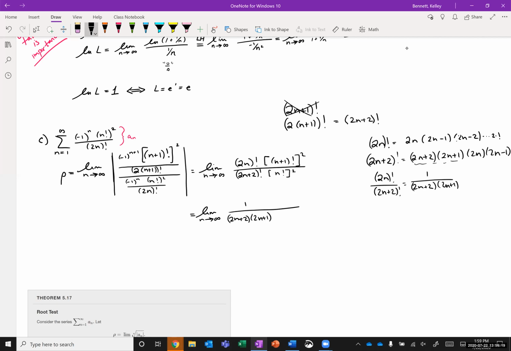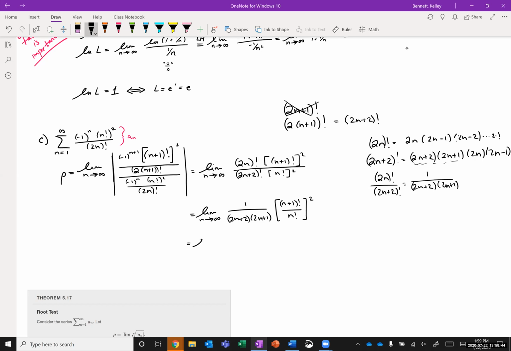And then for the next piece, I'm going to move it so they're just one whole thing being squared. So then it's (n+1)! over n!, and that whole thing is being squared, right? Because they both are raised to the same power, I can do this. And (n+1)! over n! is just n+1.